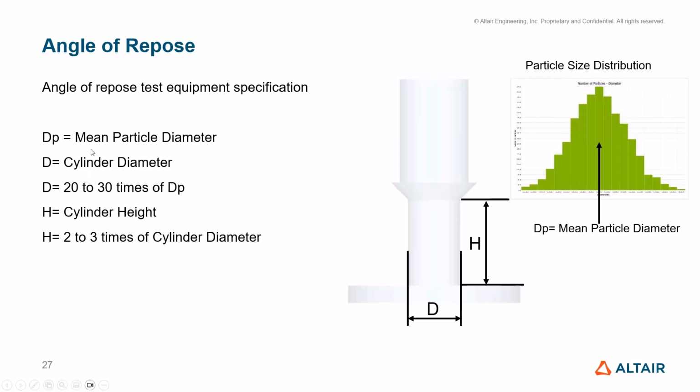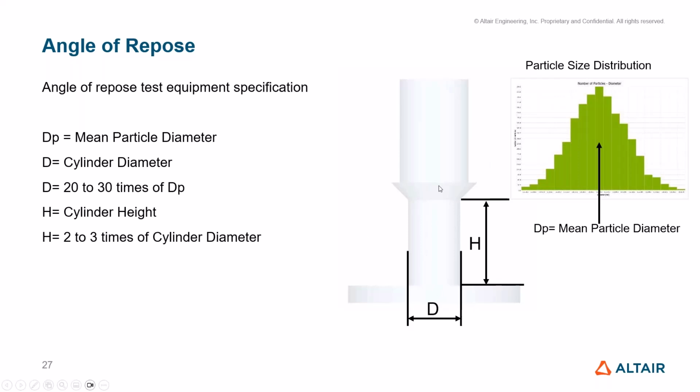First, we should calculate the mean particle diameter, as everything else depends on it. The cylinder diameter is constructed based on 20 to 30 times the mean particle diameter, and the height of the cylinder is considered as 2 to 3 times the cylinder diameter.